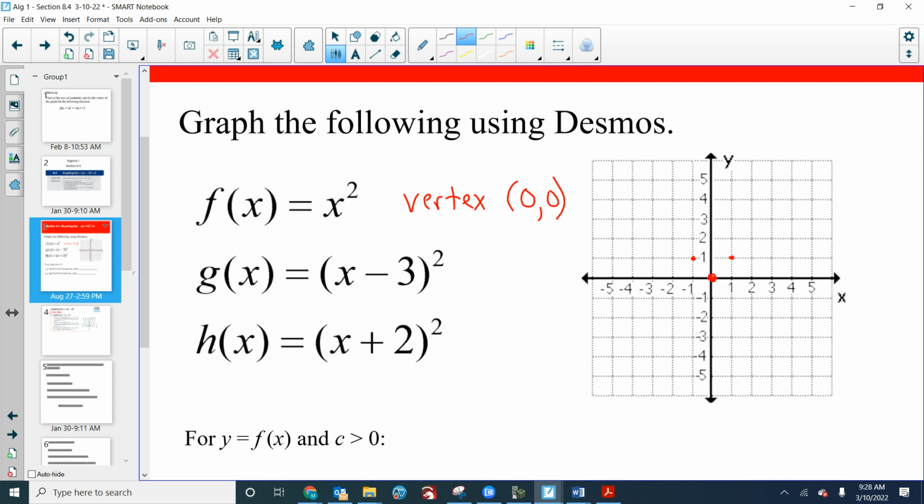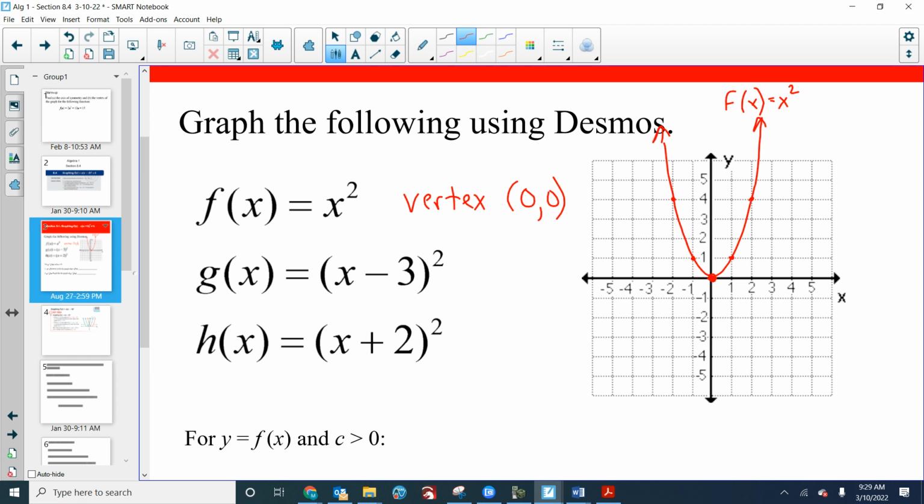Okay, so go to your graph. 2, 4, negative 2, 4. Draw a parabola. This is our starting point. That's that parabola. Does everybody have that graphed on their paper?